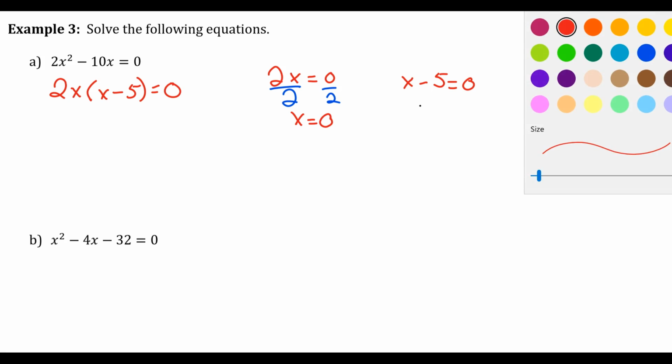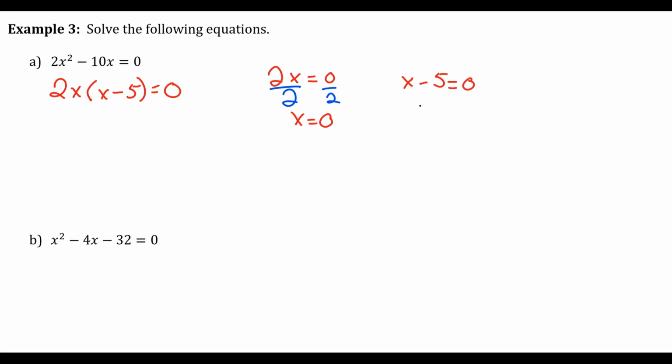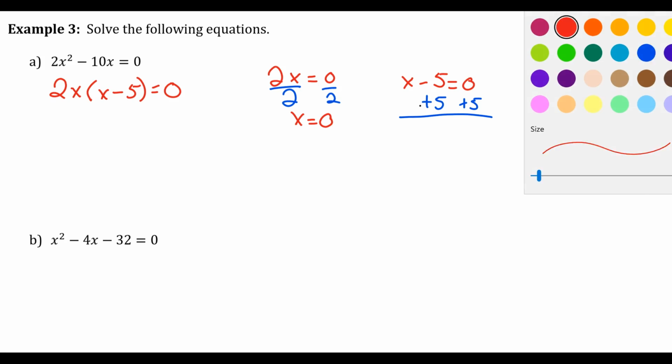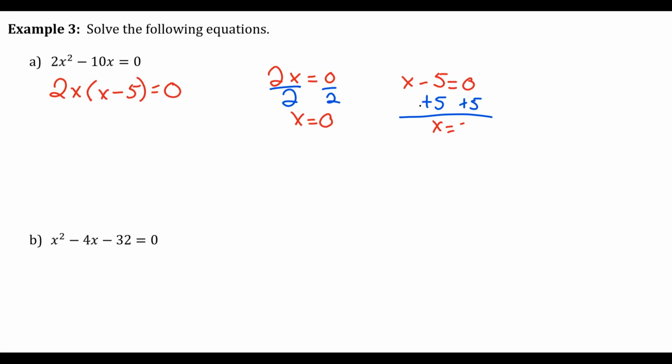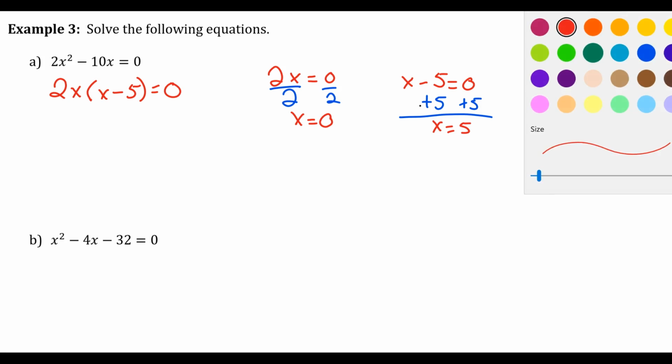Then on this other one, x minus 5 is equal to 0. I'm going to add 5 to both sides, giving me that x is equal to a positive 5. Again, what this represents is that if I plug a 5 in for these x's, I should get a 0 back. So let's check this.